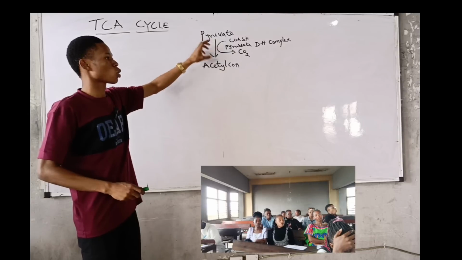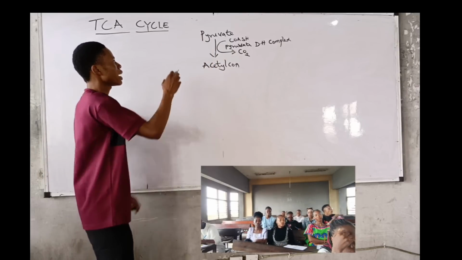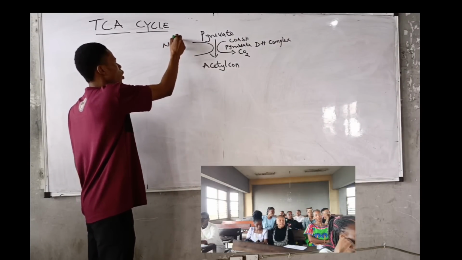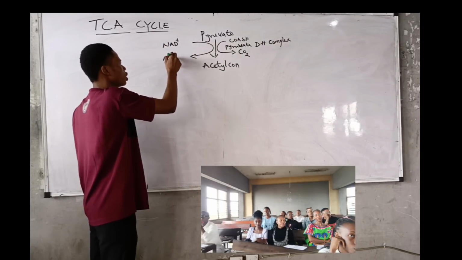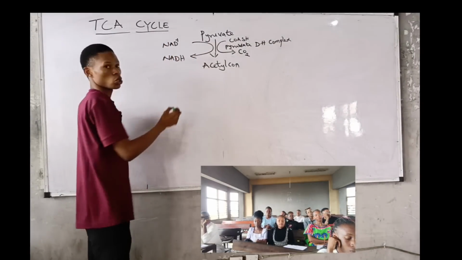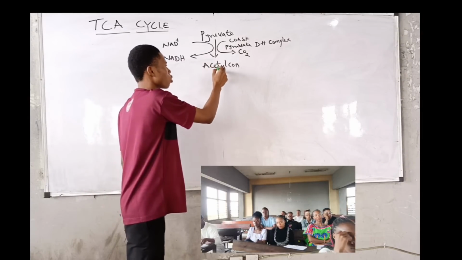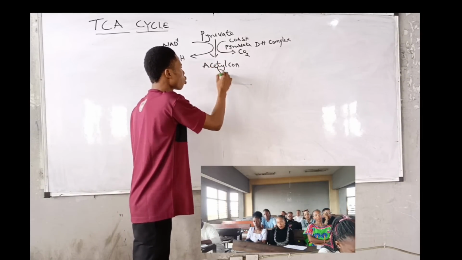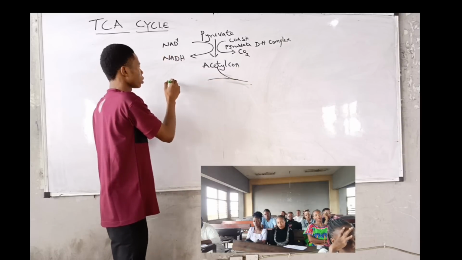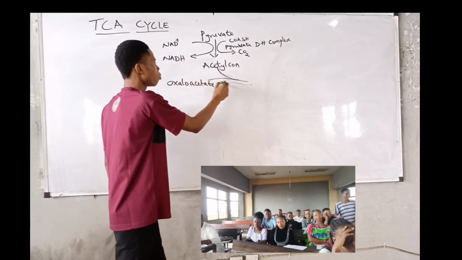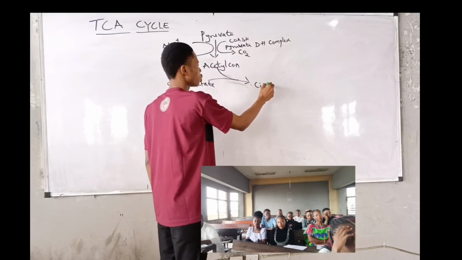Now, from pyruvate to acetyl CoA, we said NAD plus is converted to NADH, right? Now, acetyl CoA can then go into the TCA cycle. Here we said acetyl CoA will condense with oxaloacetate to form citrate.